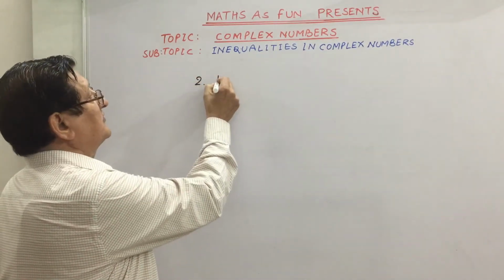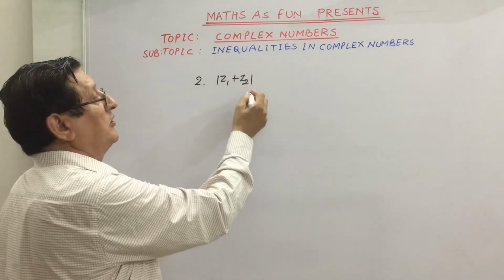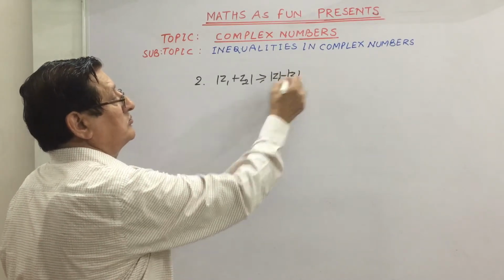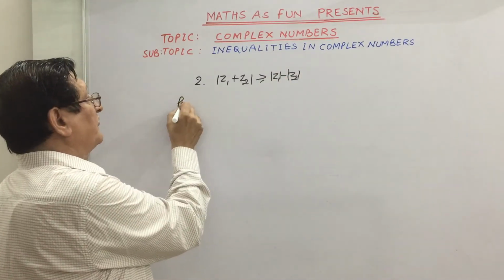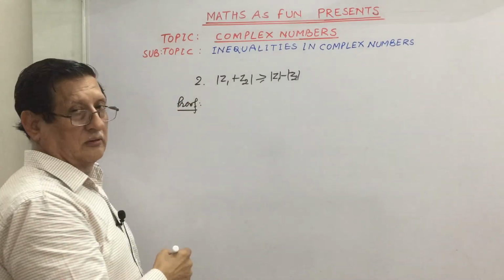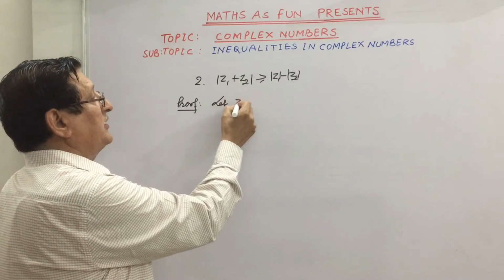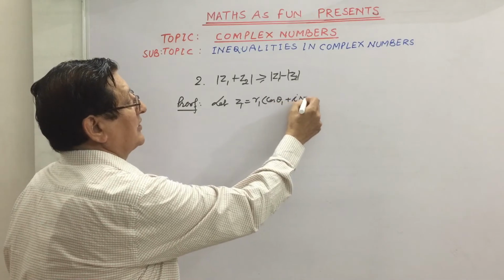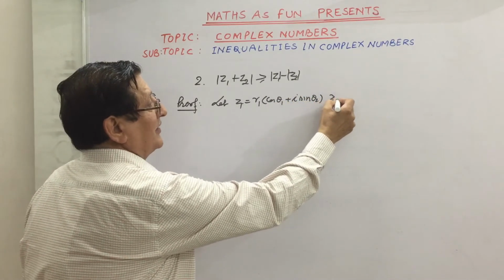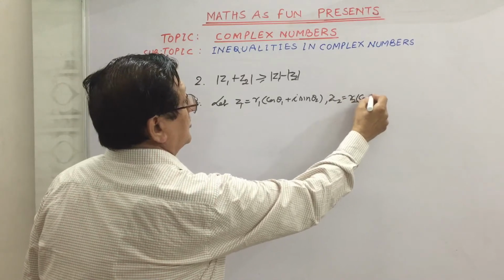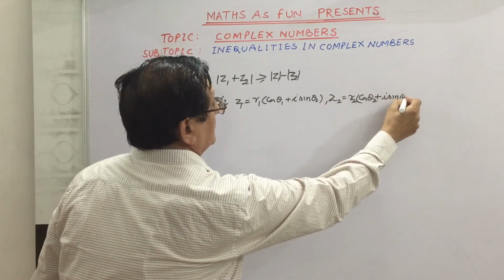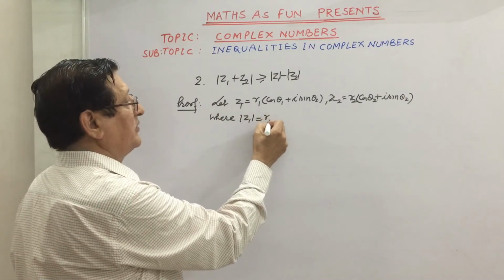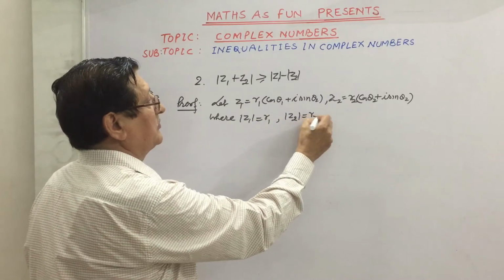The second property is modulus of z1 + z2 is greater than or equal to modulus of z1 minus modulus of z2. The proof of it, we can go with taking any two complex numbers z1 = r1(cos θ1 + i sin θ1) and z2 = r2(cos θ2 + i sin θ2), where we know that modulus of z1 is given by r1 and modulus of z2 is given by r2.